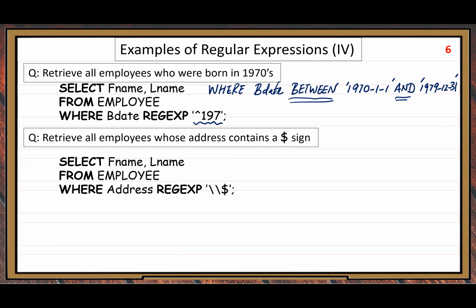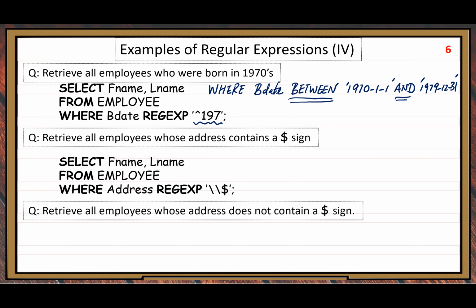So the backslash twice. If you use a single time, that won't work. You need to use it twice. Every time when you need to escape a special character, you need to use that backslash twice. All right.